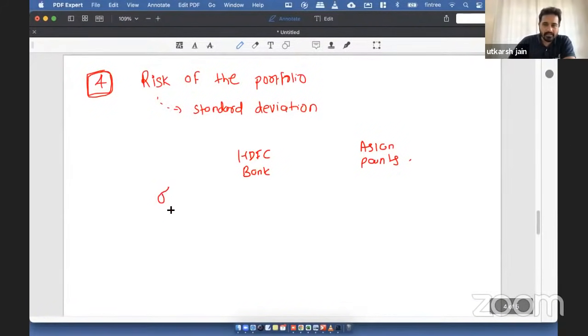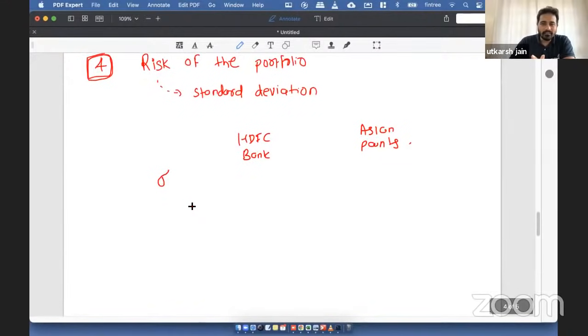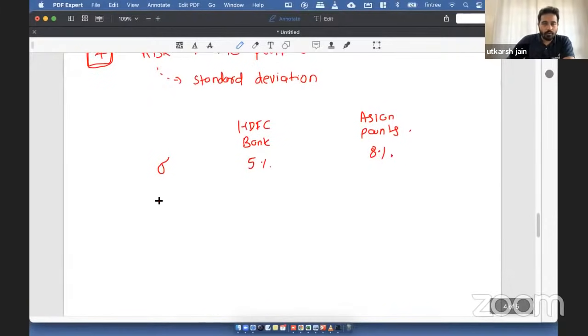And if you go through FinTree's level 0 course, you'll also understand formulas and everything around it. And if there's anyone who studied basic cons, I think for you, this number already makes sense. So let's say the standard deviation of HDFC Bank is maybe 5%, and standard deviation of Asian Paints is, let's spike up a little bit, let's say 8%.